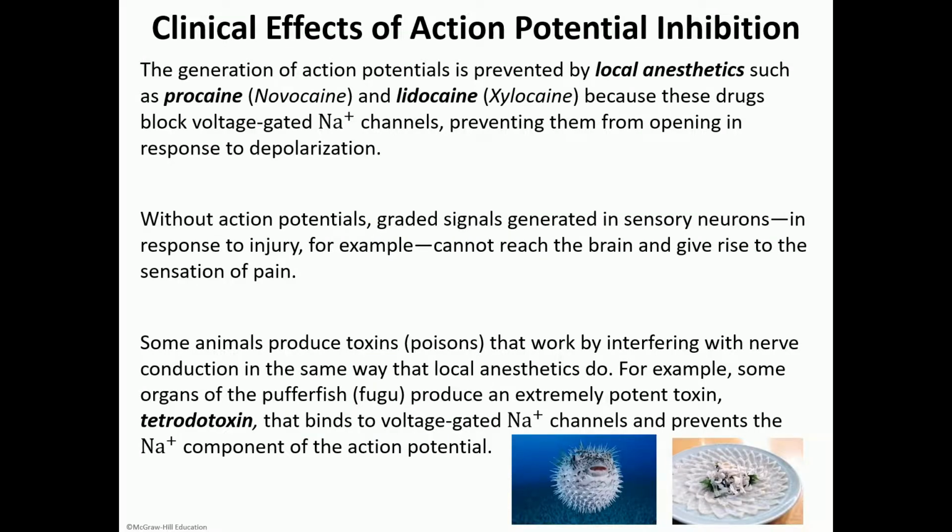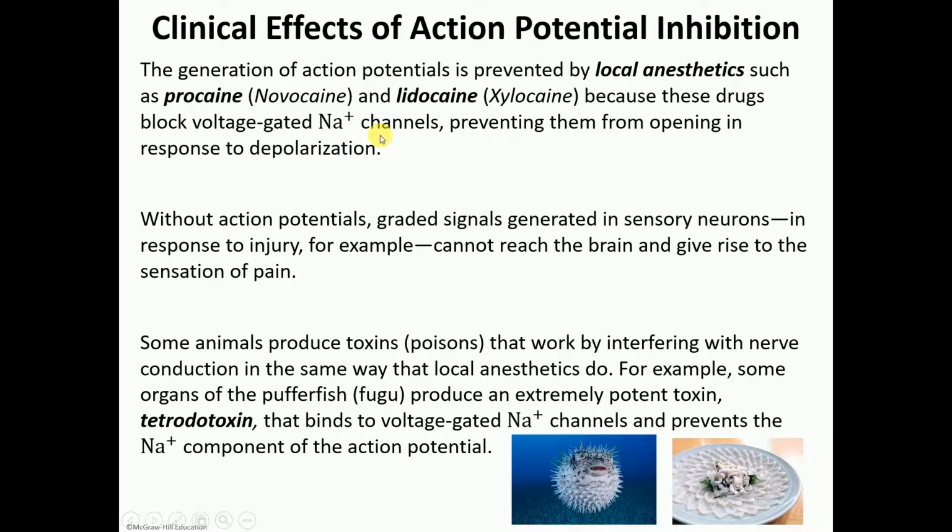So why on earth do we need to know all of this about the action potential? Well, it is really important clinically because when we generate an action potential, we have stimulated a nerve. But on the other hand, we can also inhibit nerves using local anesthetics. For example, Procaine or Novocaine, and lidocaine, also known as Xylocaine, are local anesthetics, and they work by blocking the voltage-gated sodium channels.